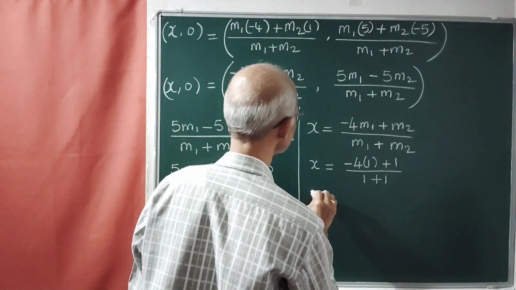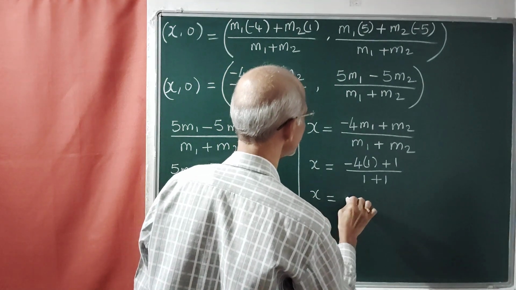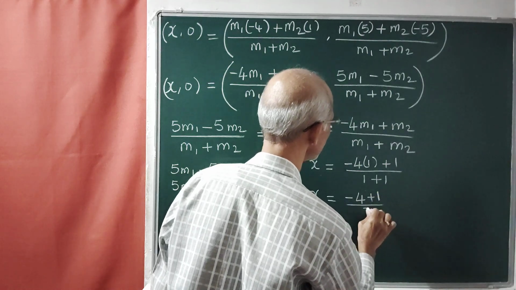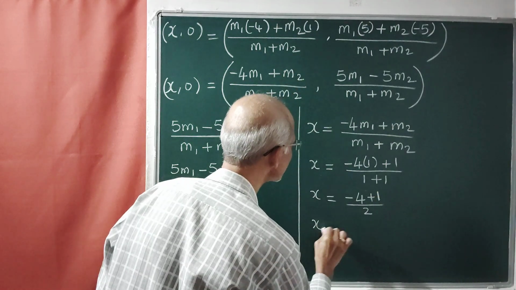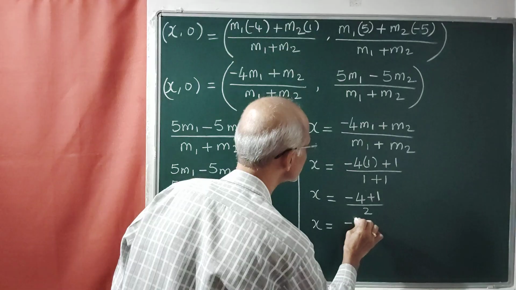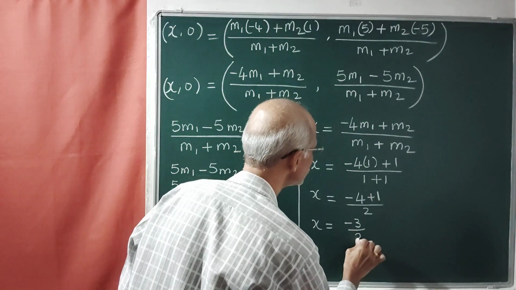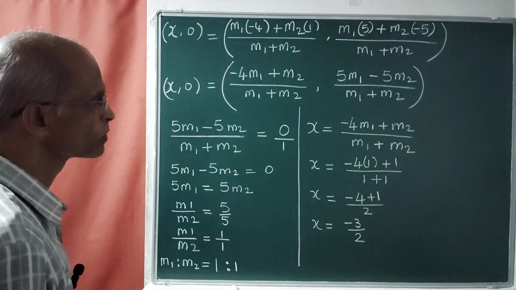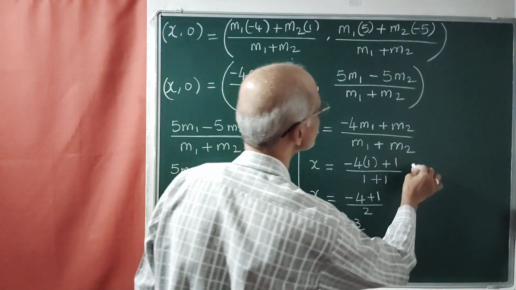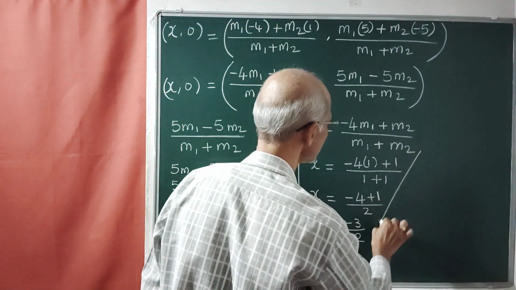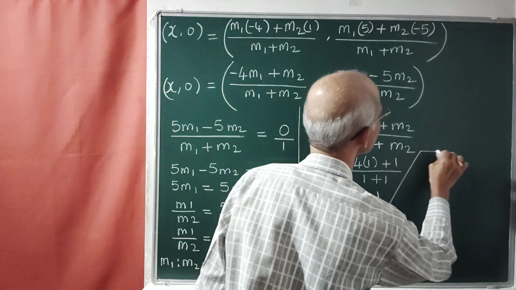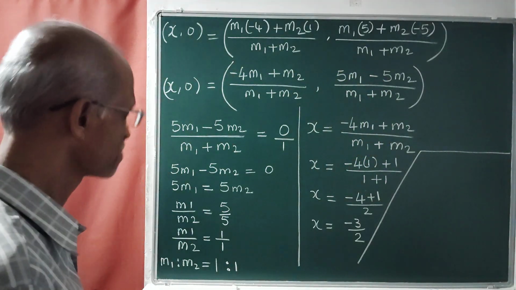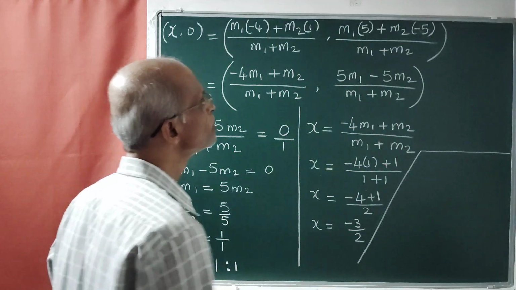So x will be equal to (minus 4 plus 1) by 2. So x will be equal to minus 3 by 2. So we have found the coordinates of the point that divides the AB.